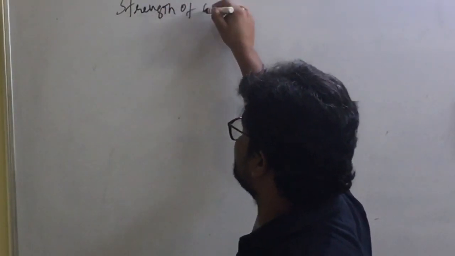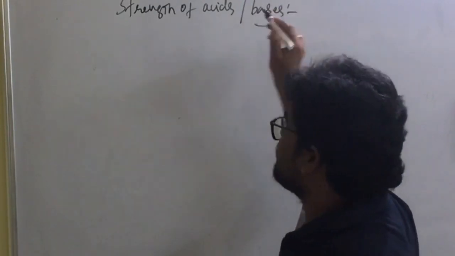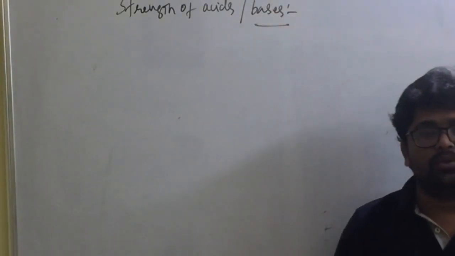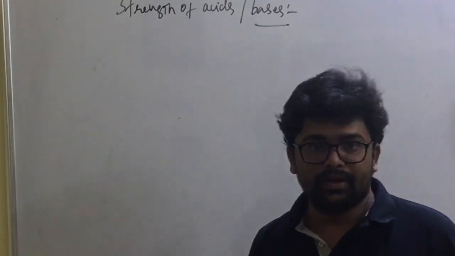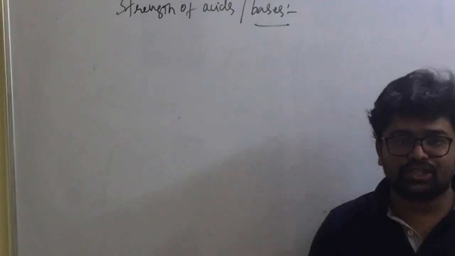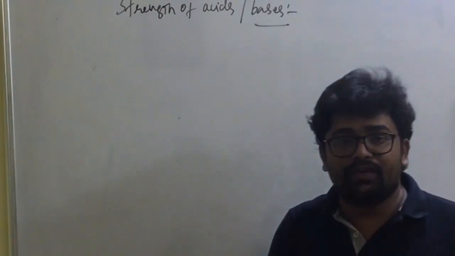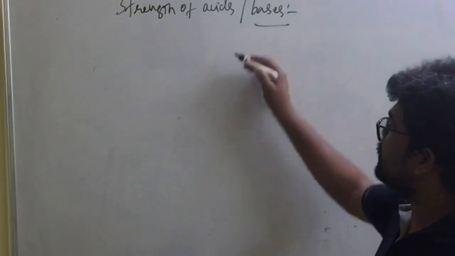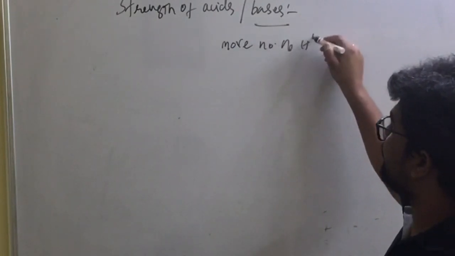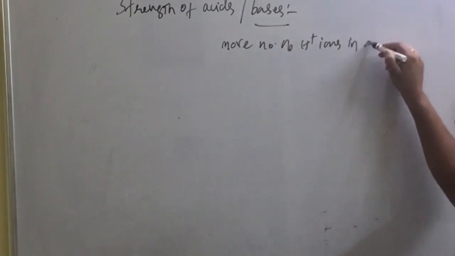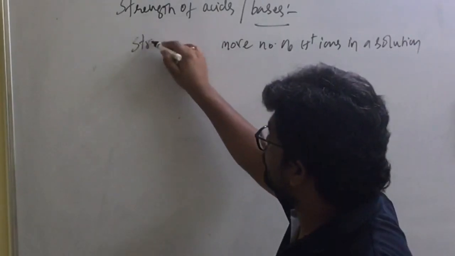Strength of acids and bases can be known by the presence of H plus and OH minus ions in a solution. An acid is said to be a strong acid which contains more number of H plus ions in a solution. More number of H plus ions in a solution, we call it a strong acid.